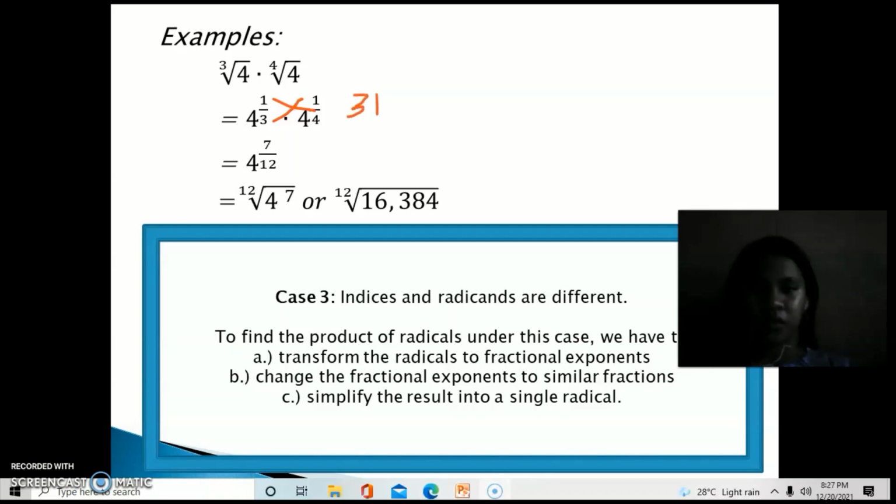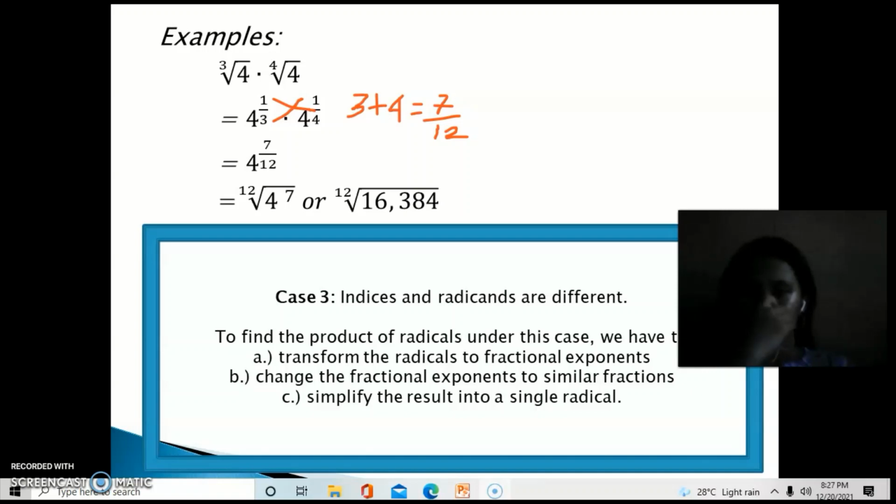Then we're just going to add that one. 1 times 4, we have 4. So that was 7, all over, 3 times 4 is 12. So that's why we have 7 over 12. So we have 4 raised to 7 over 12.